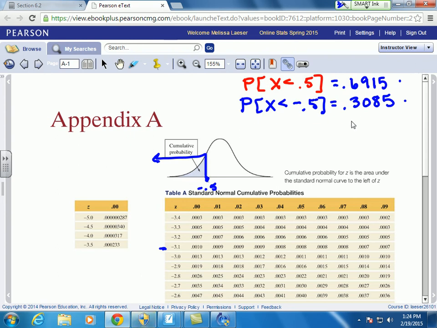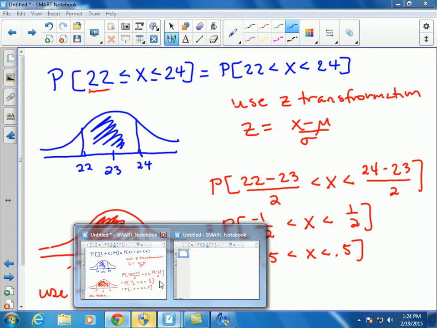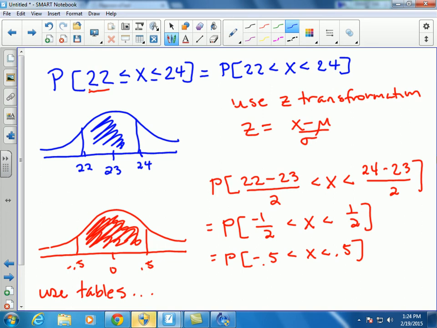So if we go back to our lecture here, we know that this probability here is 0.6915, and we know that this little probability here is 0.3085.